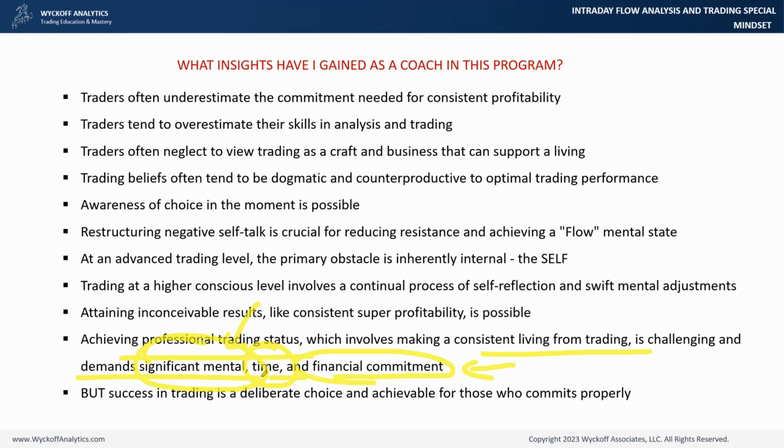And you will fail, or you will fail for sure. But success in trading is a deliberate choice, and it's achievable for those who commit properly. So what is your choice? Blue or red pill? Yes or no? Are you going to go for that or not?